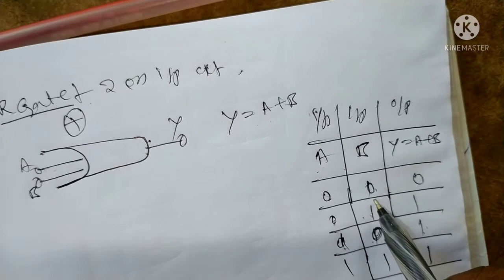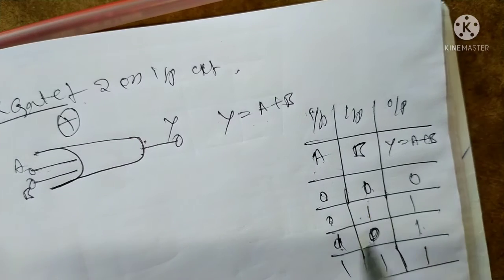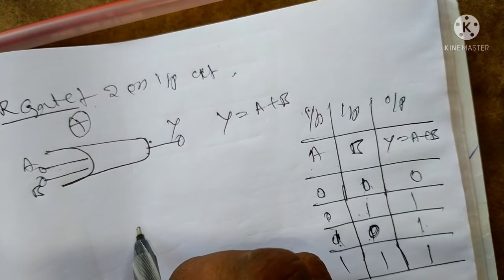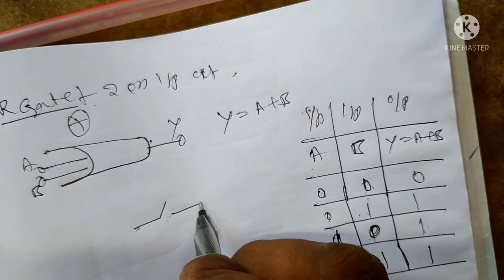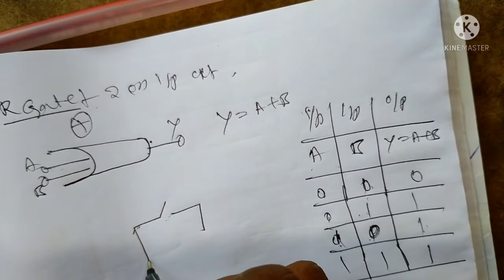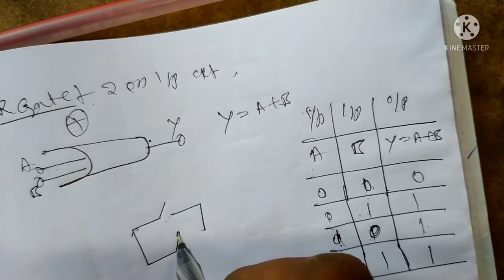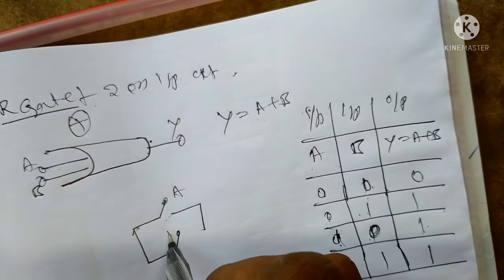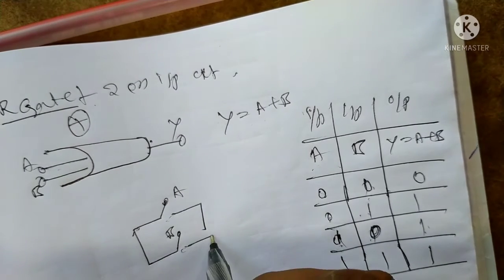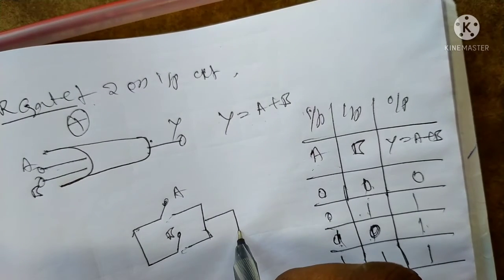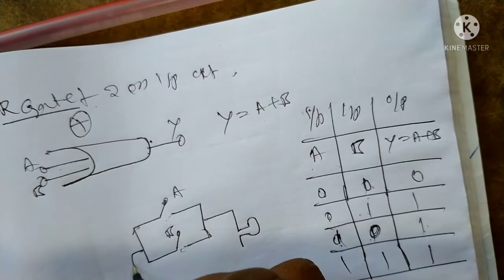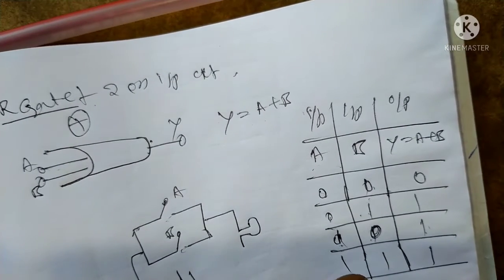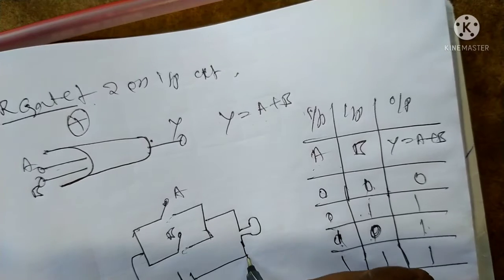Disconnected means like this, in the case of the OR gate. This is A, that is B, connected to the bulb and to the battery like this.